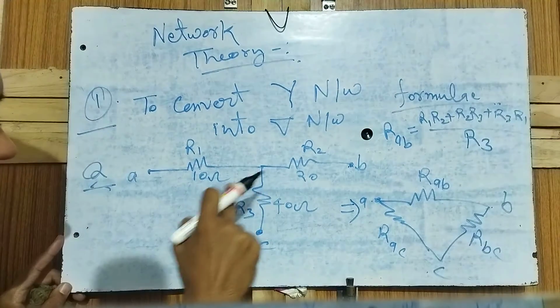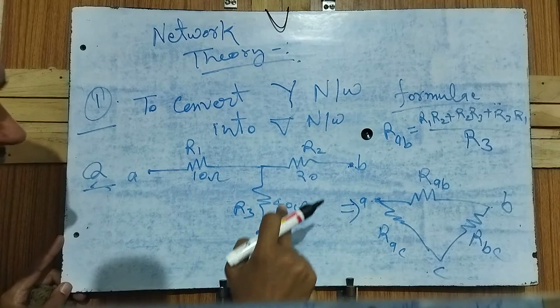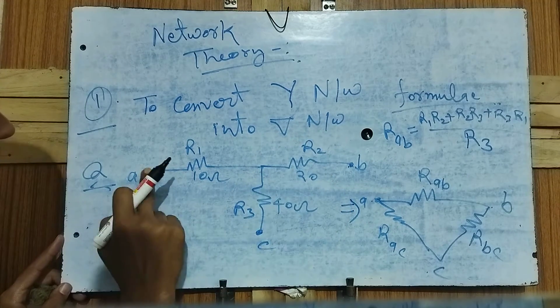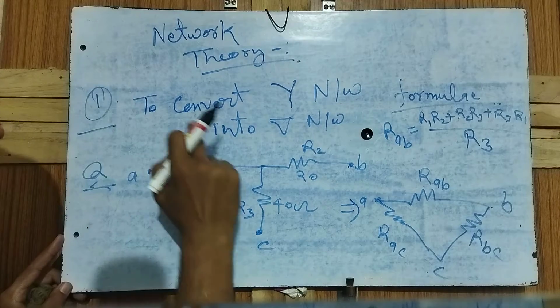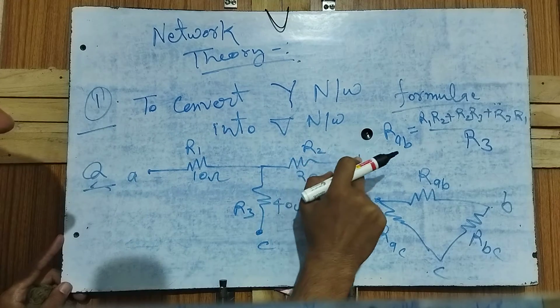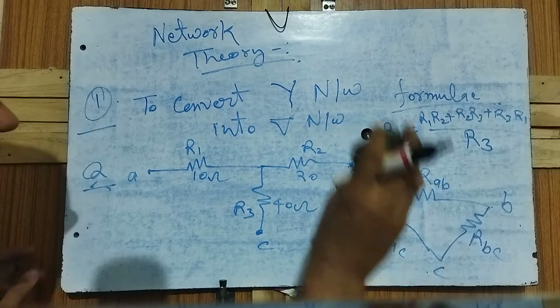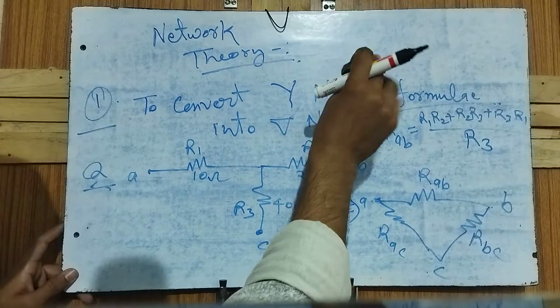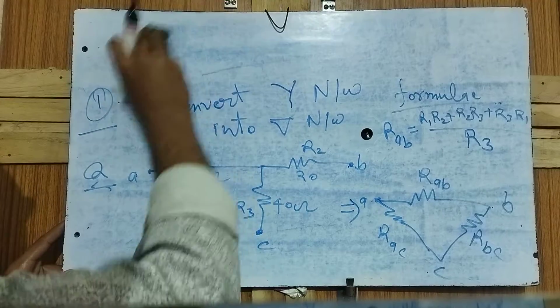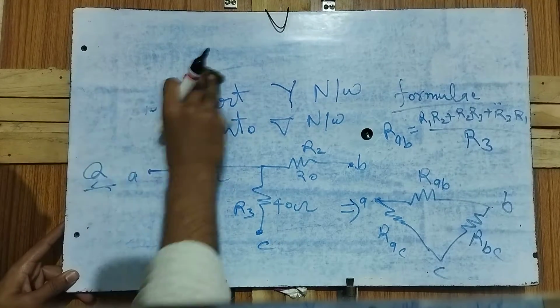If divided by R2, it will be RAC, and if divided by R1, it will be RBC. So we can find the values of RAB, RAC and RBC. Let's solve here.